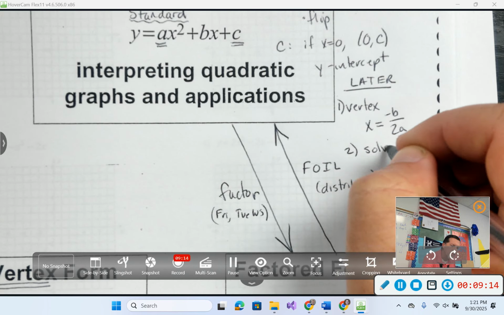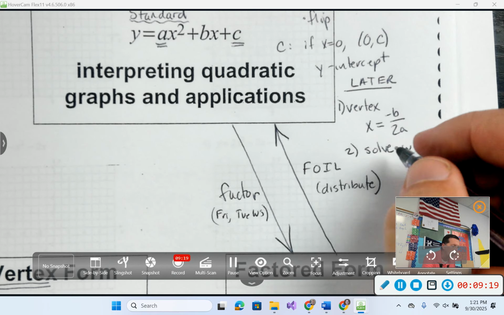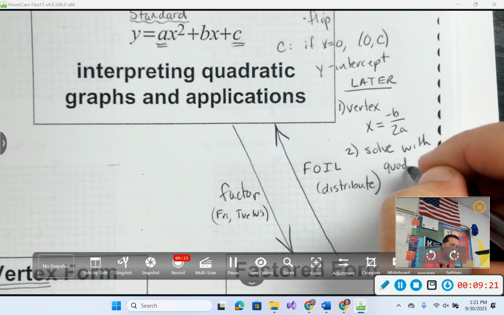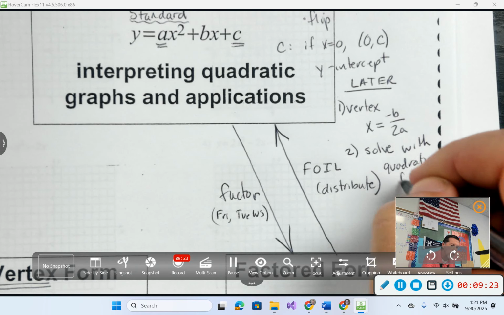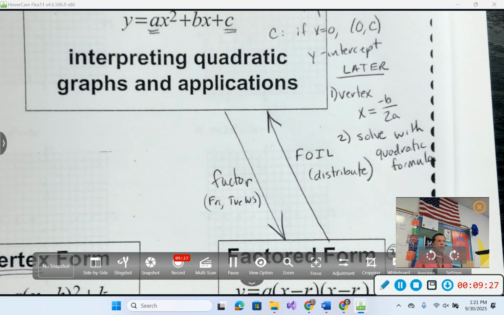And then much later, I don't know when, it's in this unit, but it's not tomorrow, solve with the quadratic formula. Hopefully the quadratic formula is still rattling around in your brain somewhere, but if not, we'll talk about it sometime.